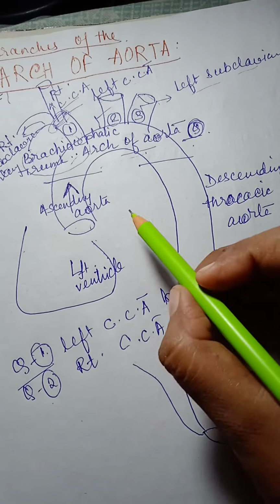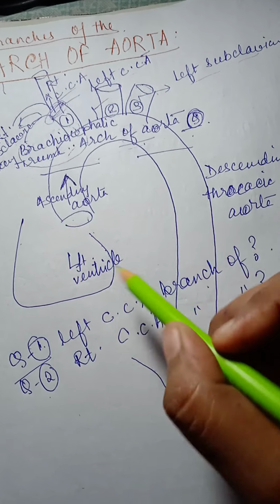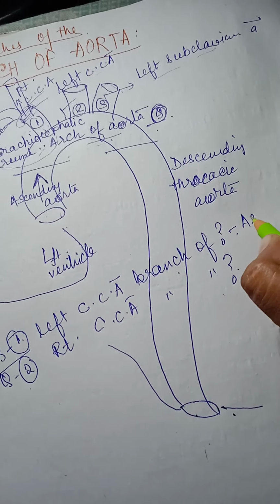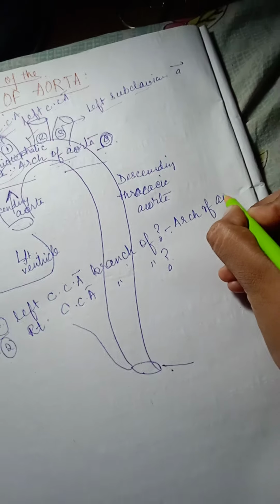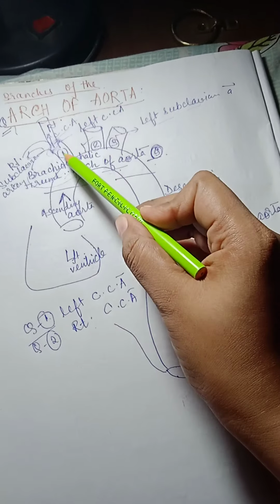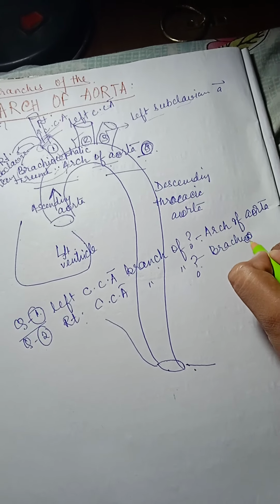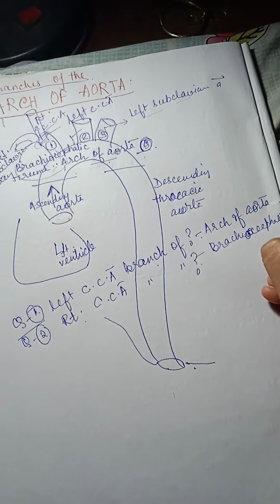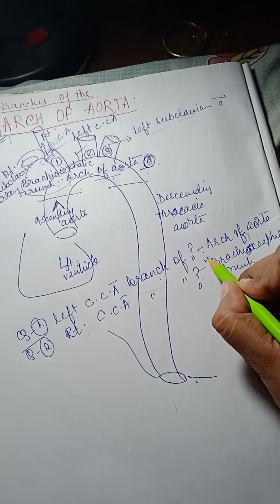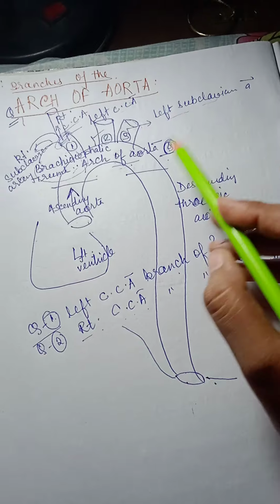In your options arch of aorta will also be there, and you will be tempted to mark arch of aorta, but please remember the left common carotid artery is a branch of the arch of aorta, whereas the right common carotid artery is a branch of the brachiocephalic trunk, which is in fact the branch of the arch of aorta, but this will be your answer in case of the right common carotid artery. Same is for the left subclavian artery also.